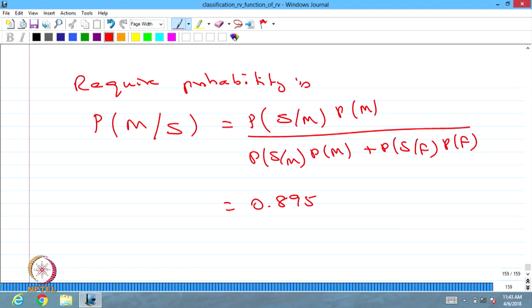By substituting all the probability values, you get the conditional probability of M given S. So, by using the total probability rule as well as the Bayes rule, we get the conditional probability of M given S.